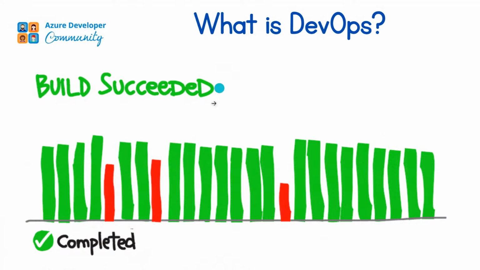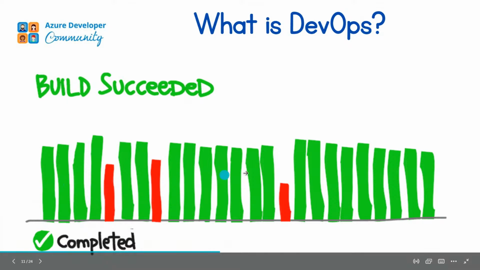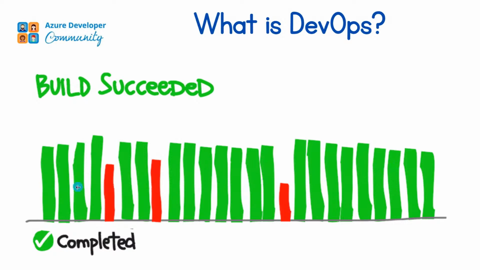Okay, so what is DevOps? In that, firstly we will see continuous integration, right? This chart is giving us the information about continuous integration.